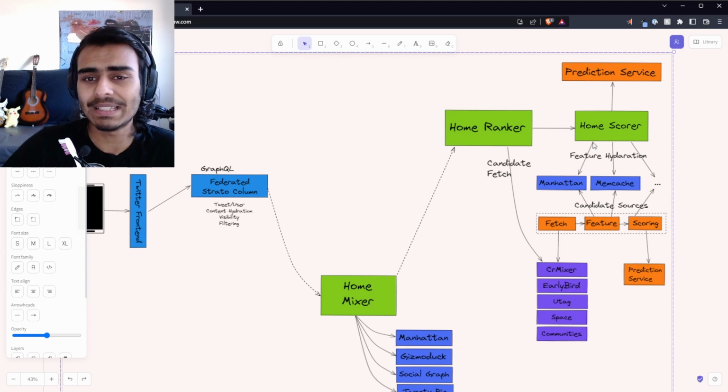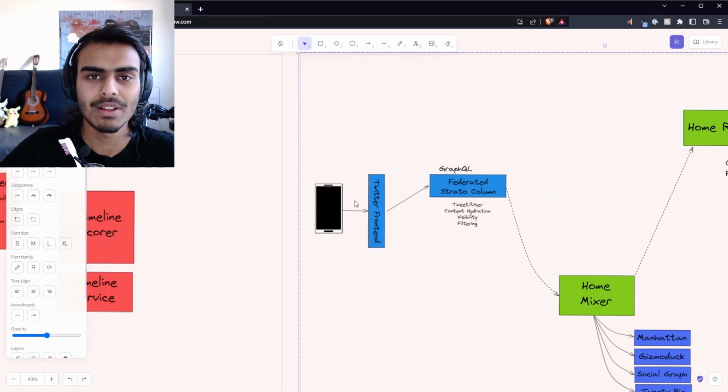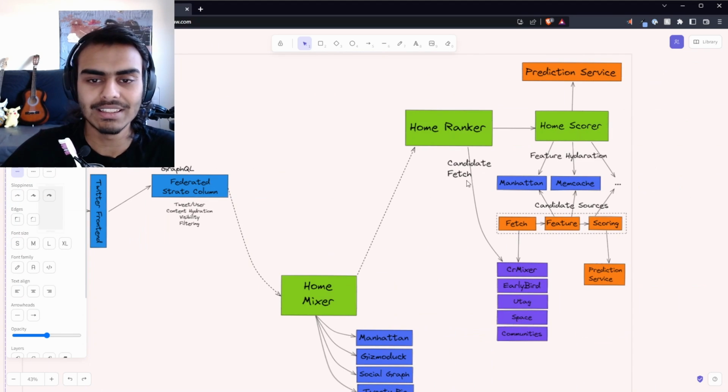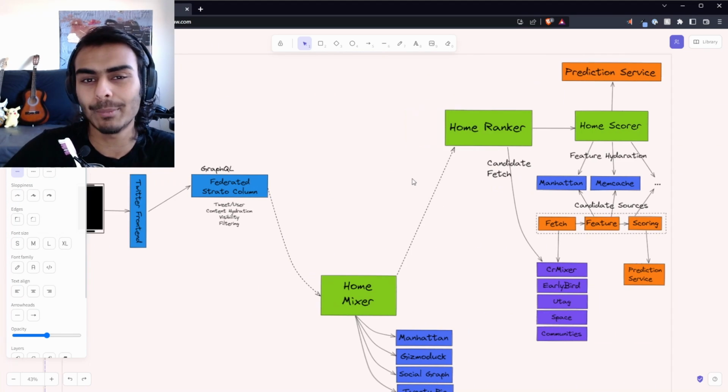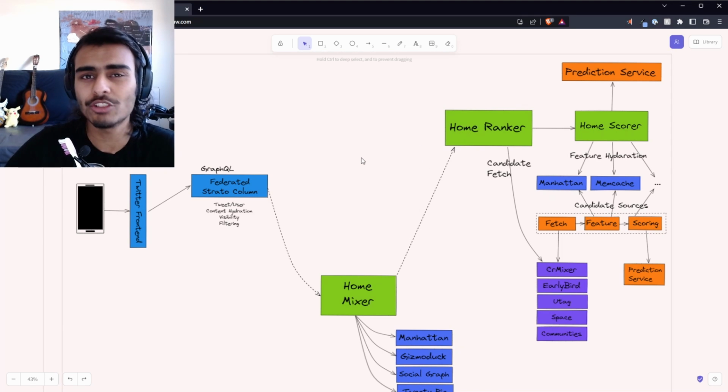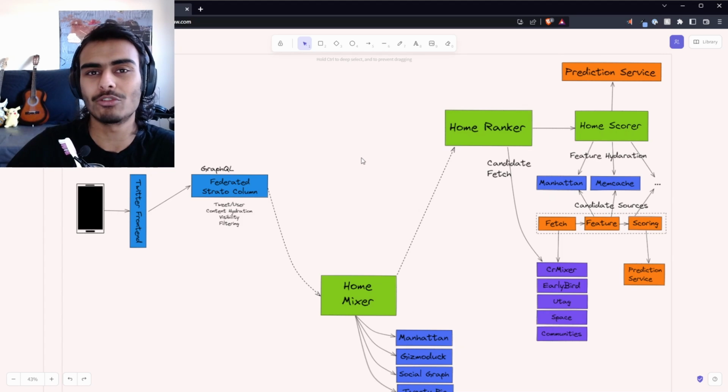The other big thing that you might see here, in the old system, they use the word timeline quite a bit. Here, they have just gotten rid of the word timeline and are using the word home instead. Now, renaming choices like these are pretty significant. They're not just about renaming what a service is, but more about what the internal shared language of the team is, what they think their products are, how they deliver value to their users.